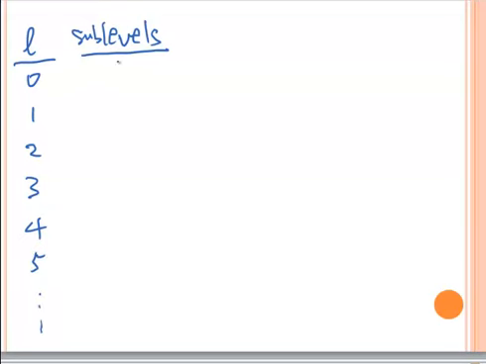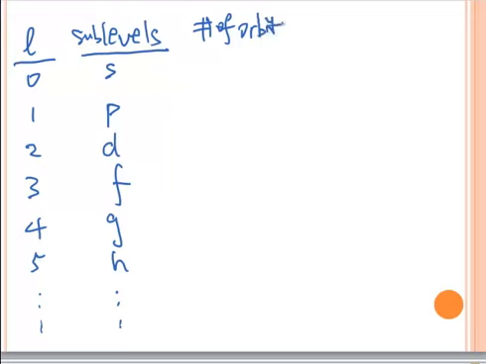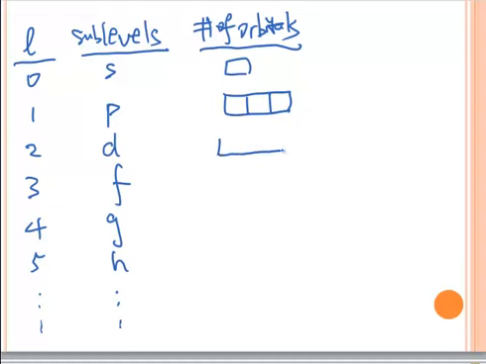The notation is S, P, D, F, G, H, and the list goes on. The number of orbitals is determined by the M value. S will be 1 box. P will be 3 orbitals of the same energy. D will be 5, 1, 2, 3, 4. F will be 7.